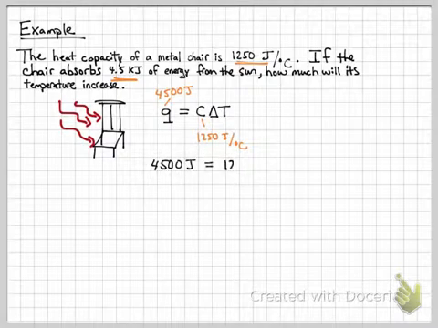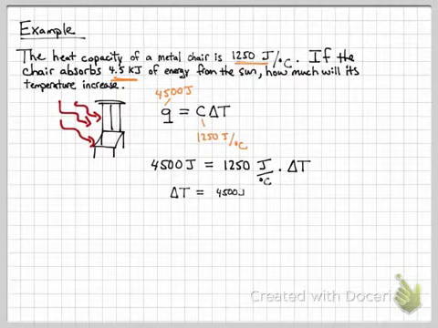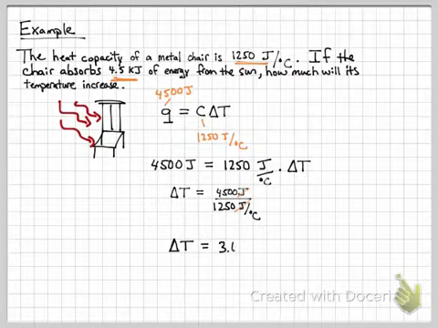Substituting those in, 4,500 joules equal to 1250 joule per degree Celsius times a change in temperature. Rearranging to solve for change in temperature, joules cancel, and we get temperature changes 3.6 degrees Celsius.